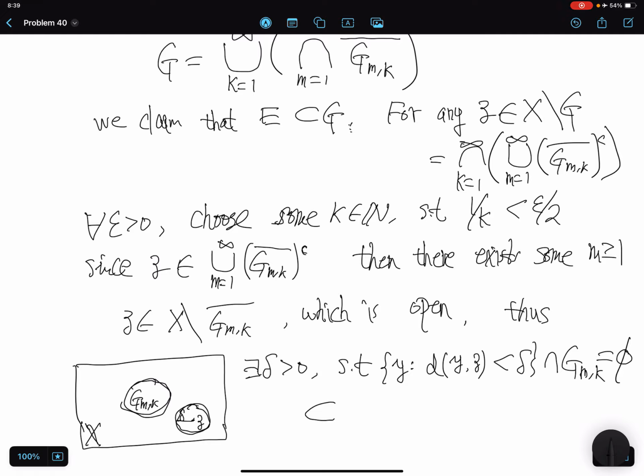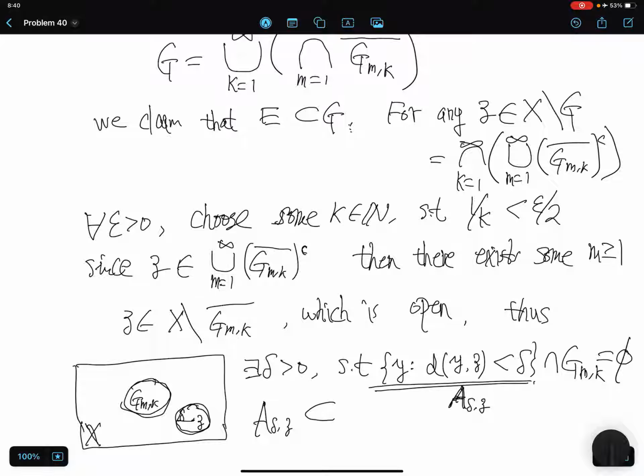Once we have this disjoint, what does it mean? Let's call this set A, which depends on delta and z.